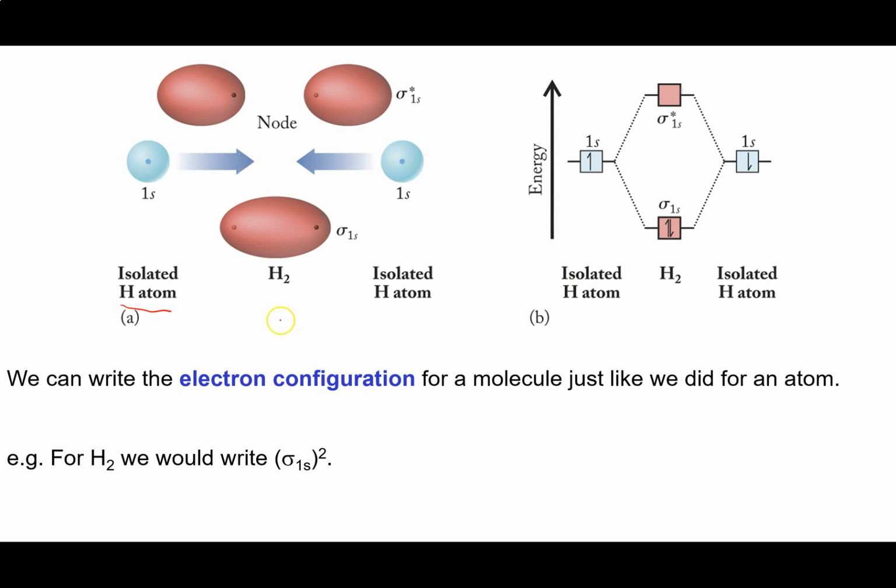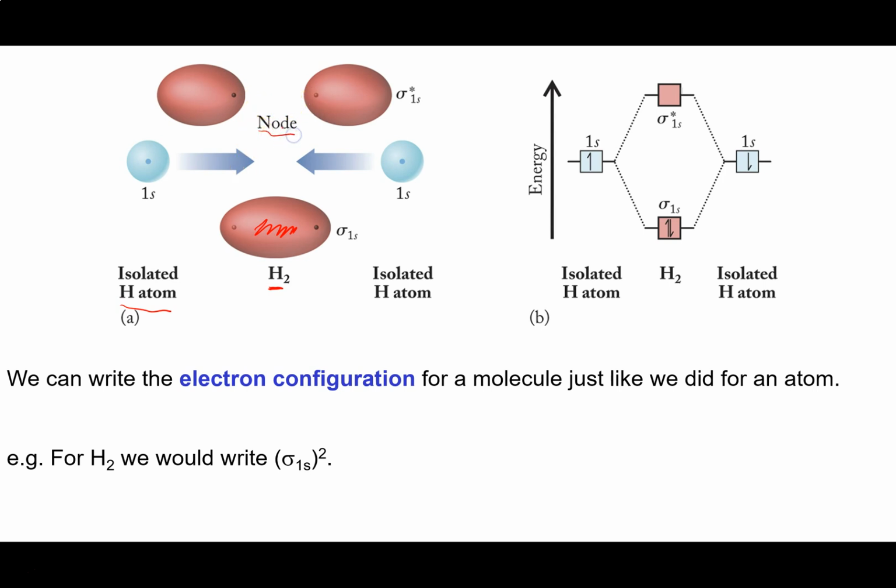When these two atoms come together to form the molecule, these 1s orbitals are going to overlap. They can overlap in phase, which gives us a bonding molecular orbital, and we have increased electron density between the two atoms. Or they can overlap out of phase, and then we end up with a region with no electron density between the two atoms.